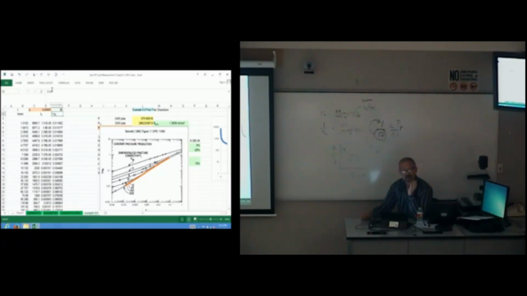Now, I actually don't have to do reciprocal rate versus Q for this synthetic example because it's infinite conductivity. I should be able to plot reciprocal rate versus the square root of time. You'll get this in the next chapter.